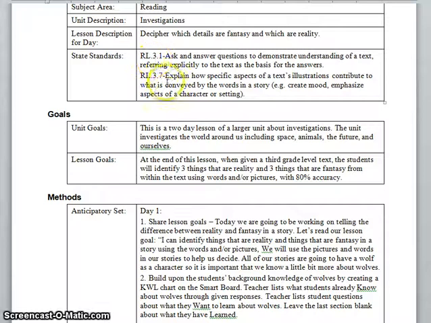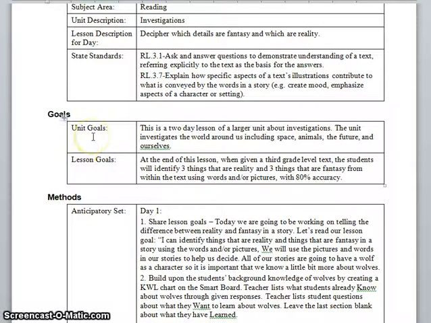Also explaining how specific aspects of the text illustrate and contribute to what is conveyed by the words in a story. In other words, the students are going to be able to answer whether the text pieces are reality or fantasy by looking at the illustrations and using the words in the story to help them decide.